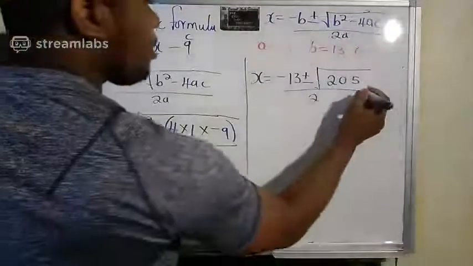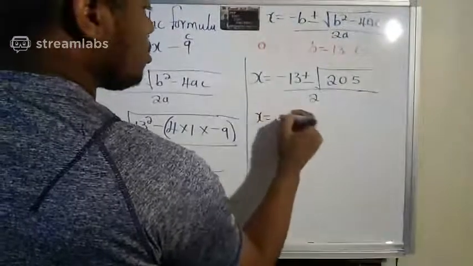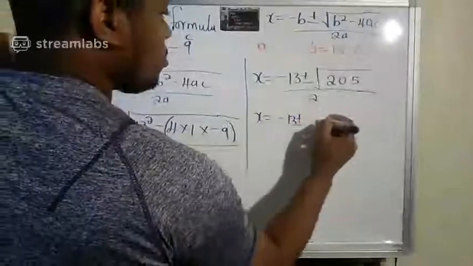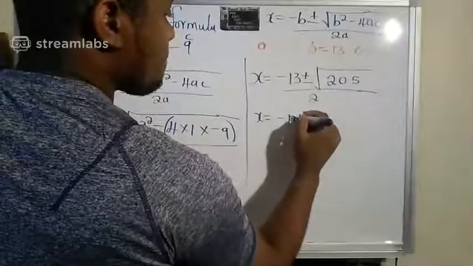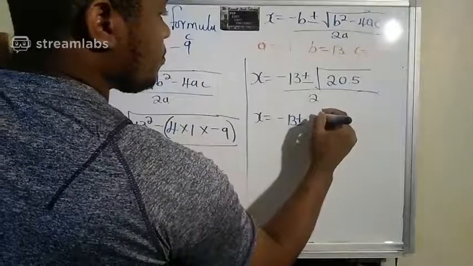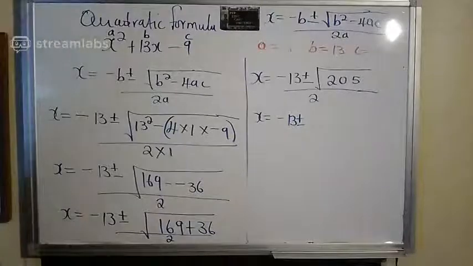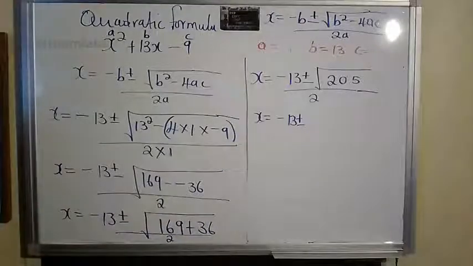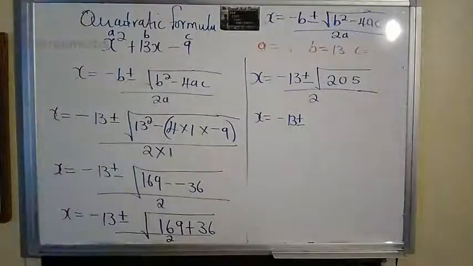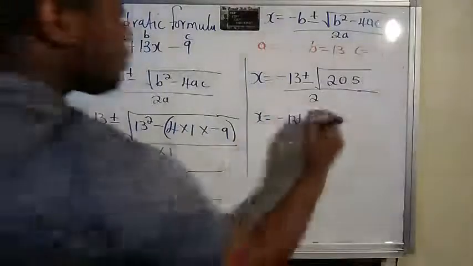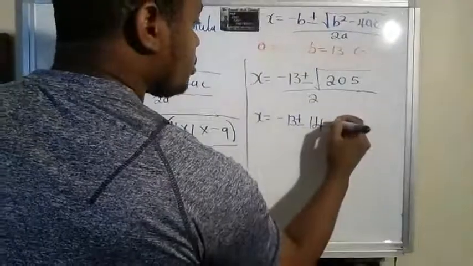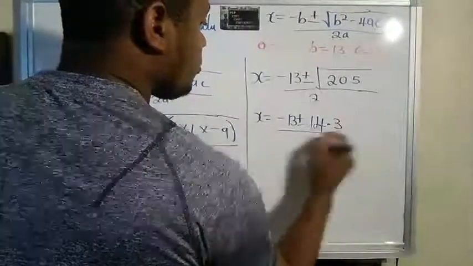Which number multiplied by itself gives you that? 14 times 14 is 196, and 15 times 15 is 225. So let's go to one decimal place: 14.3. And that is divided by 2.